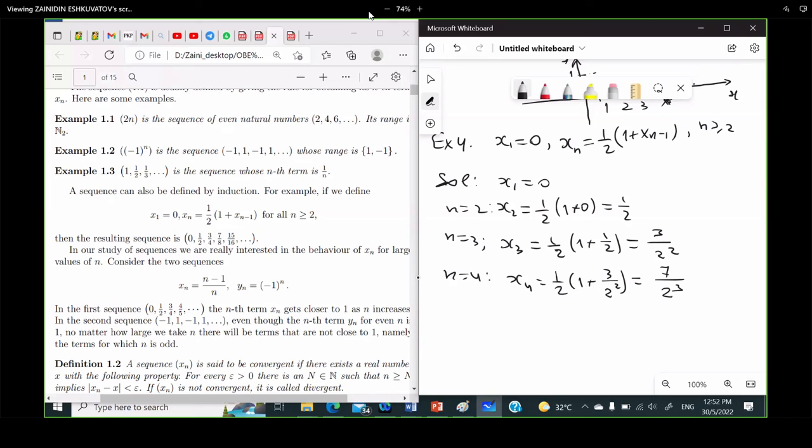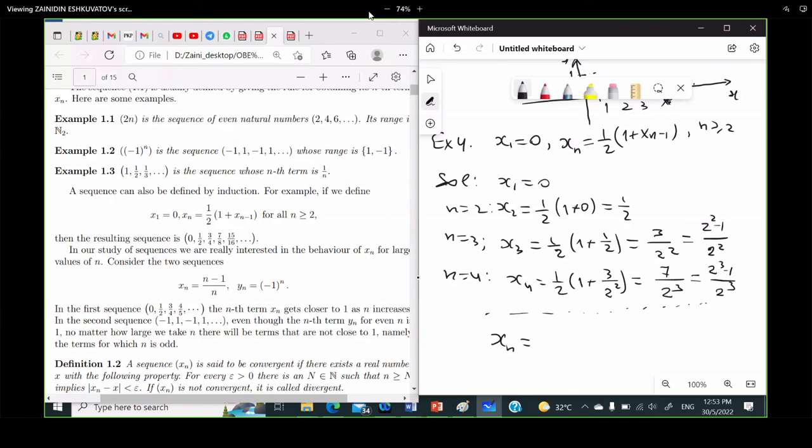Or I can write it like this: 2 to the power 2 minus 1, over 2 to the power 2. So this one is 2 to the power 3 minus 1, over 2 to the power 3. So in general, I can now state the nth term of the sequence.